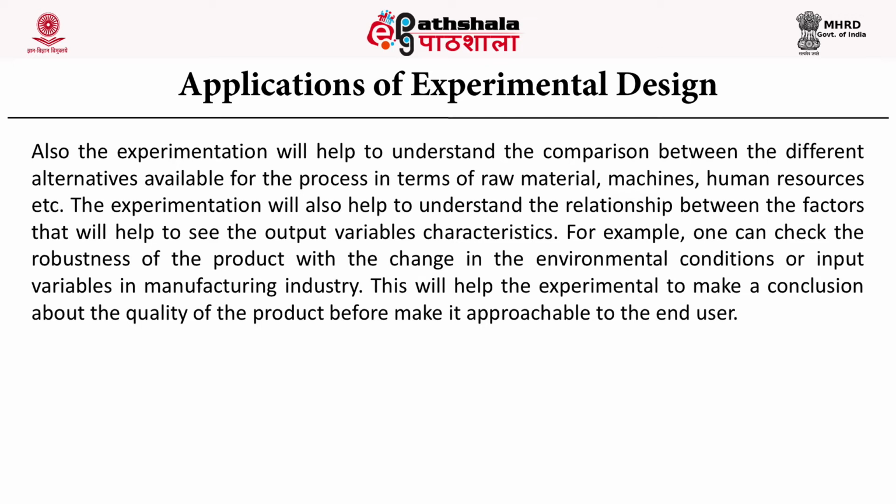For example, one can check the robustness of the product with the change in the environmental conditions or input variable in the manufacturing industry. This will help the experimenter to make a conclusion about the quality of the product before making it available to the end user.